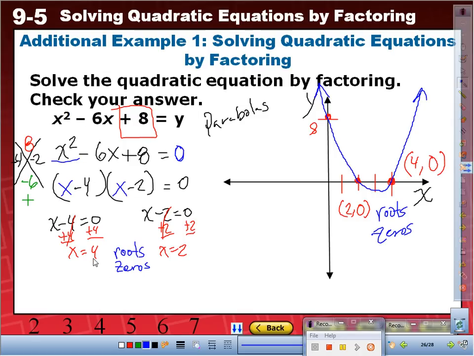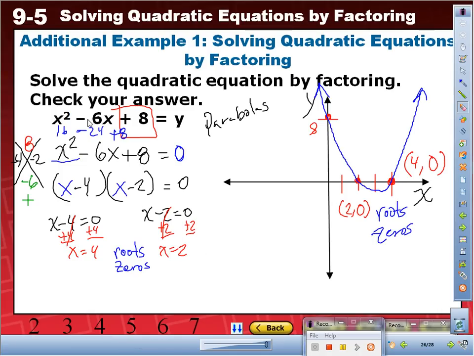Let's substitute the first one, 4. What is 4 squared? 16. What is negative 6 times 4? Negative 24 plus 8. Can we combine the positives? 16 plus 8, that's 24. What is 24 minus 24? Boom.